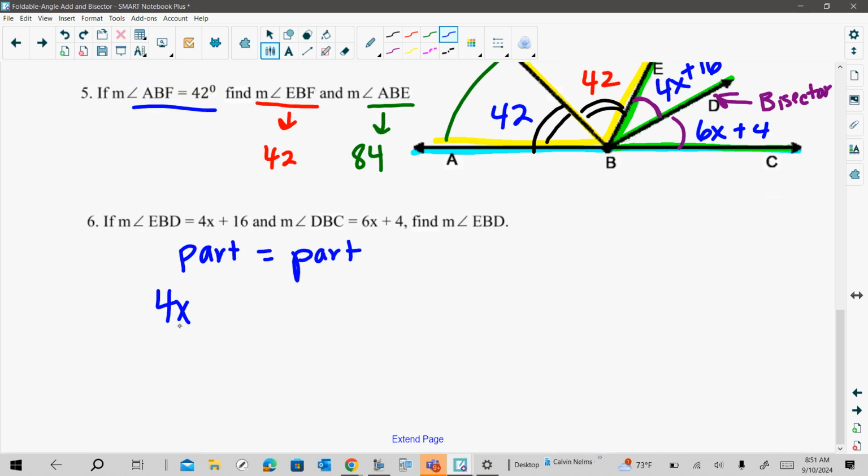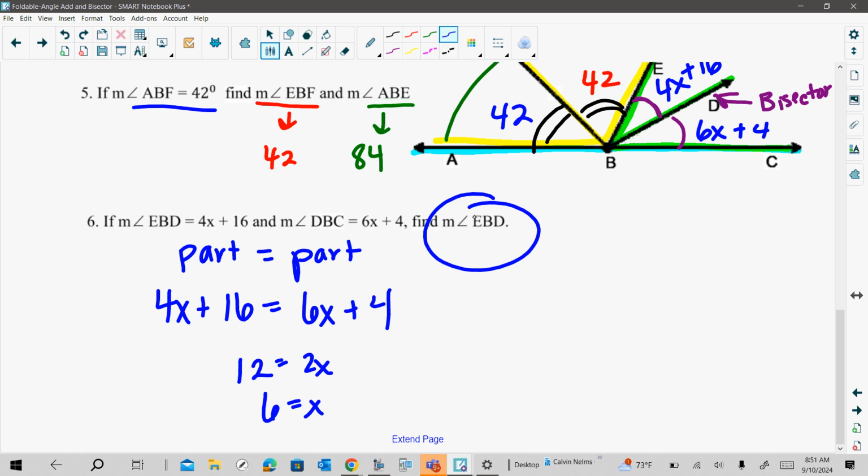So the 4x plus 16 is equal to the 6x plus 4. You need to solve for x. So minus the smallest of the x's, 4x, will give me 2x equals 12. So x equals 6. But then we have to plug it back in.